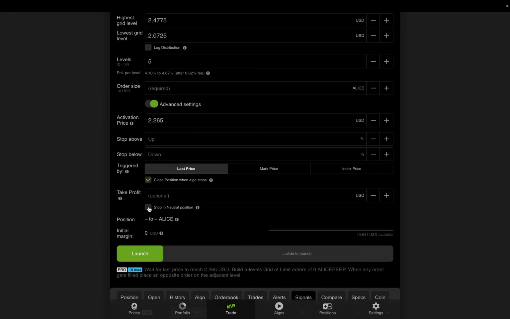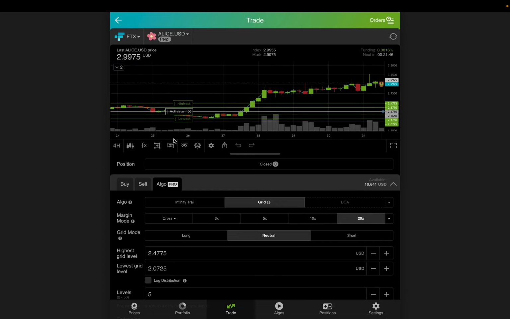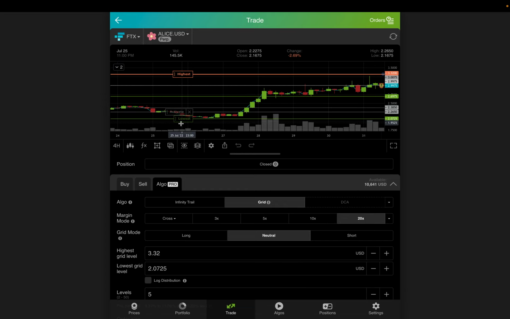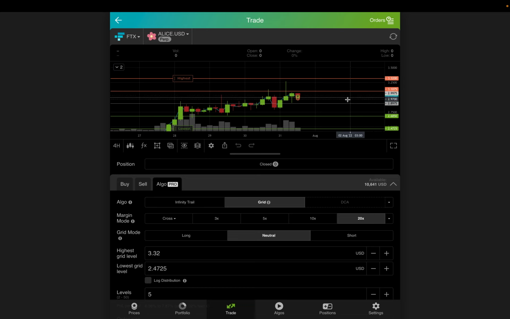If this checkbox is checked, and I have this grid here, let's say it's a vanilla neutral grid without activation and so forth, it will stop when it's in neutral position. So it will start trading.